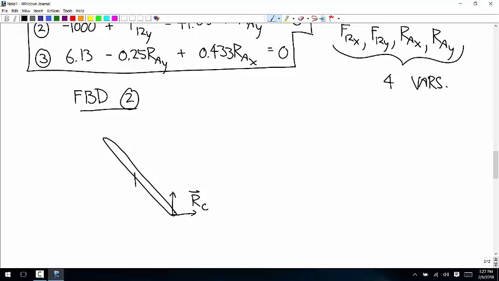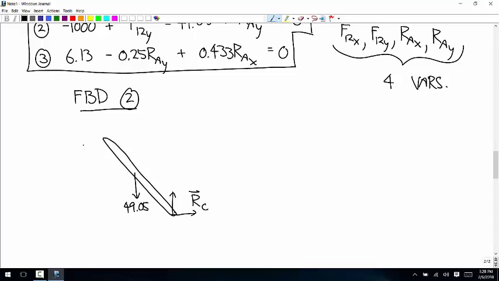And then there's a weight here of 49.05 newtons. And then up at the top, remember that we decided at the start that the pin itself we were going to treat as part of member 1. So that 1,000 newtons force isn't applied here, it's applied to member 1.